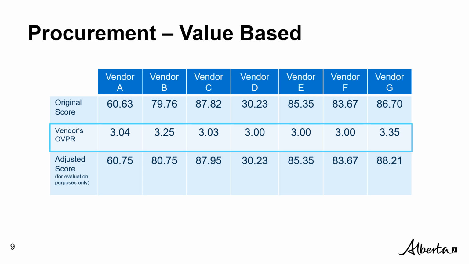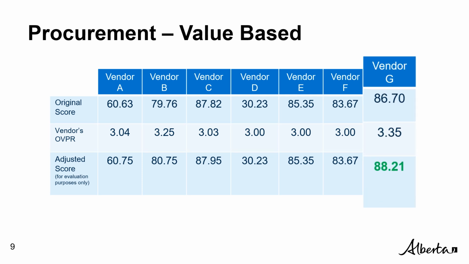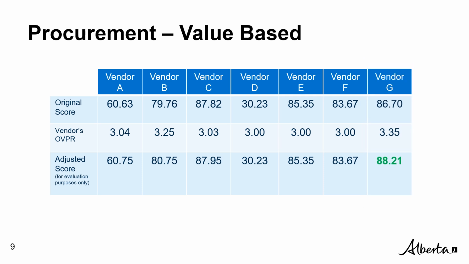However, after factoring in a score adjustment based upon each vendor's OVPR, we come to see that vendor G now has the highest adjusted score due to receiving a roughly 1.8% positive adjustment based upon their 3.35 OVPR. Therefore, vendor G would be the successful proponent.